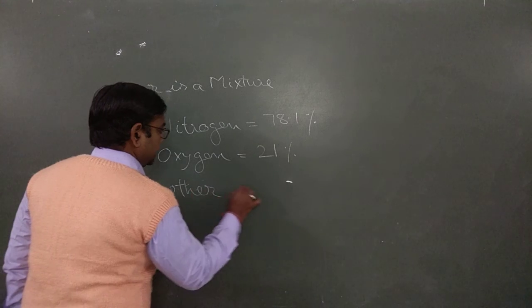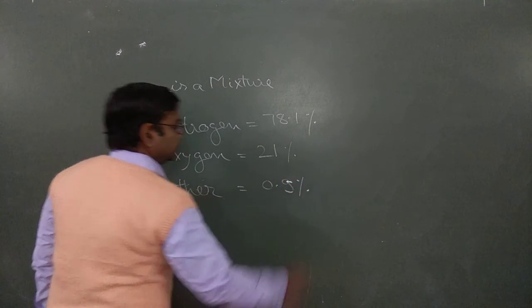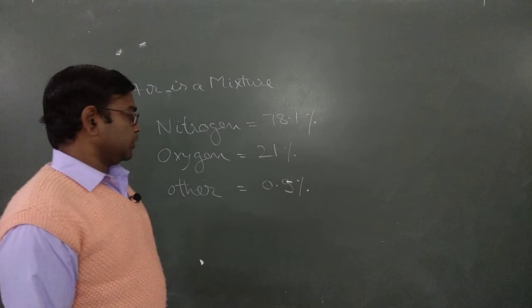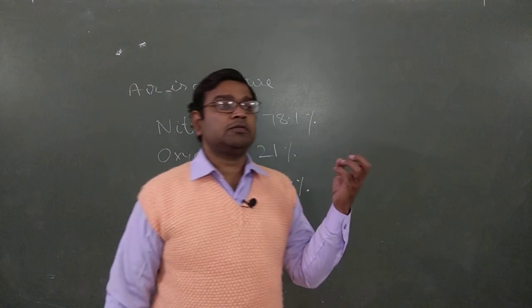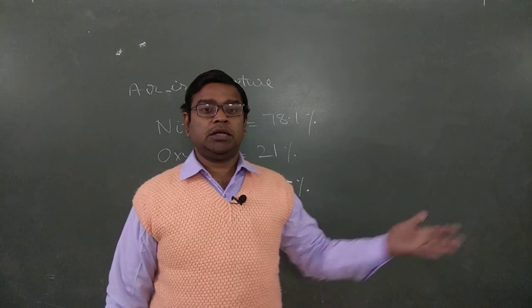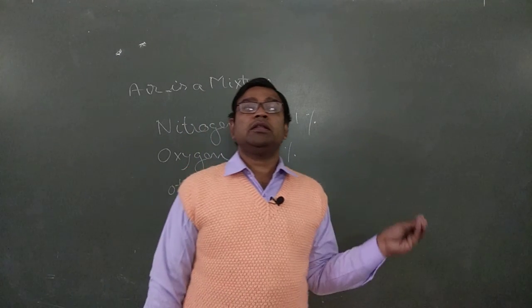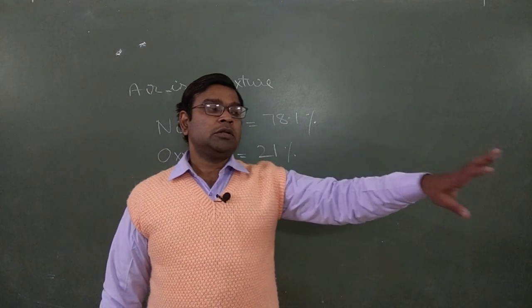The rest is contained by other gases like carbon dioxide, water vapor, and dust particles. You can easily feel the amount of dust particles in the air when there is a dust storm and the air is dirty.